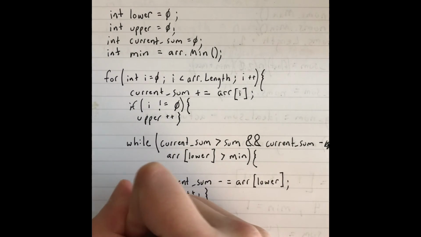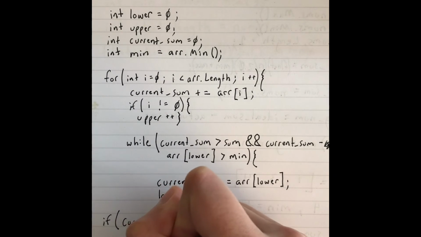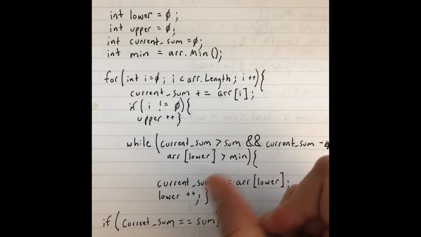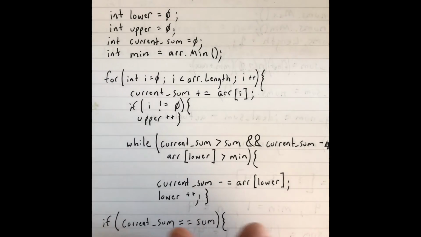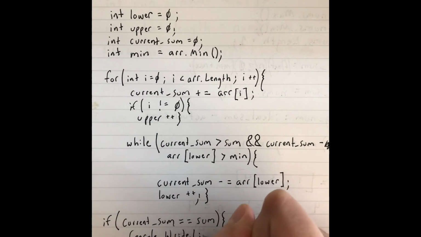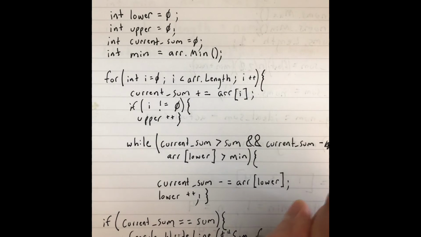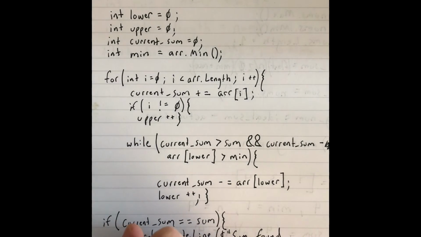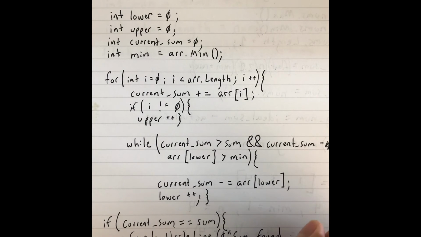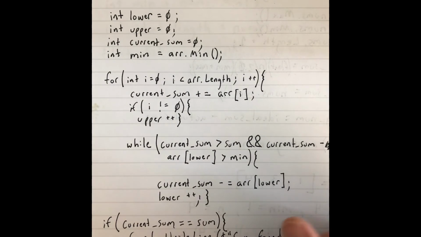If current sum is equivalent to sum, which means we found exactly what we want, then we'll print on the next line: sum is found between indices lower and upper.